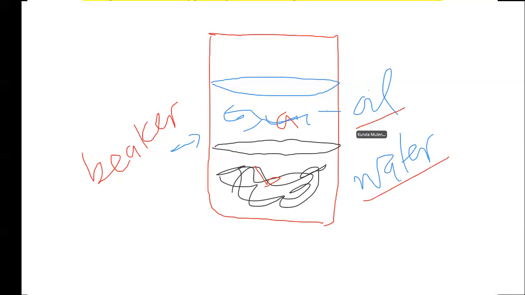So the way it divides itself into two liquids that do not mix uniformly, because liquids that do not mix uniformly are the ones that we call immiscible. So the way this sample is dividing itself within these two immiscible liquids, that's what we are calling the partitioning coefficient.